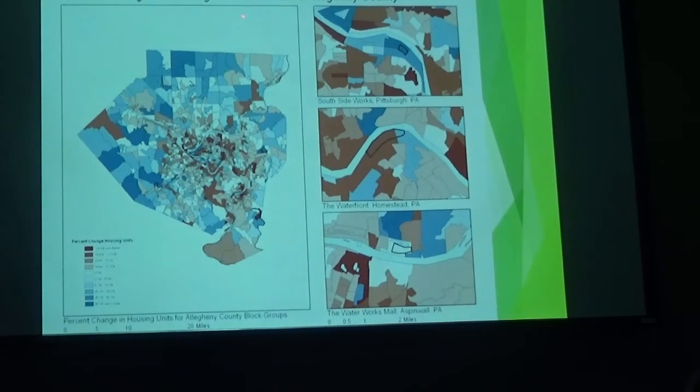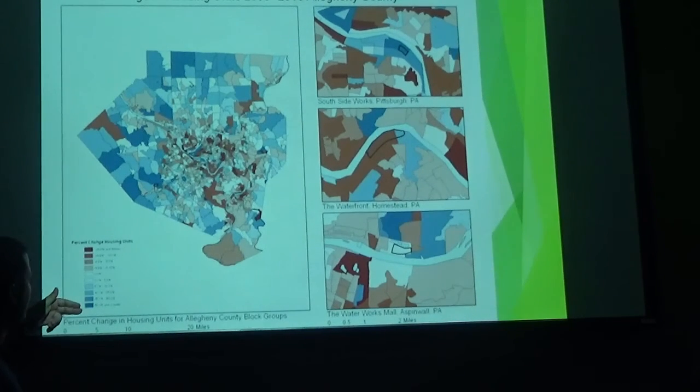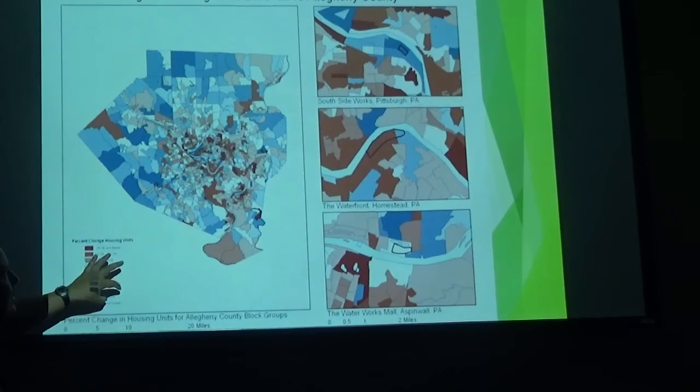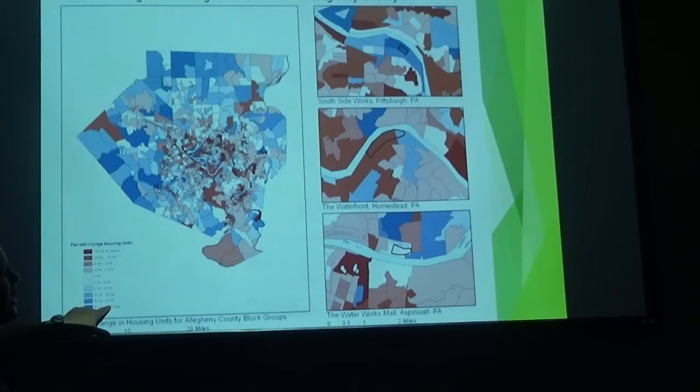It says percent change in housing units from 2000 to 2010. Percent change means I have percent mapped out again. And you can barely see the decrease versus the increase because of the labeling size of the items.